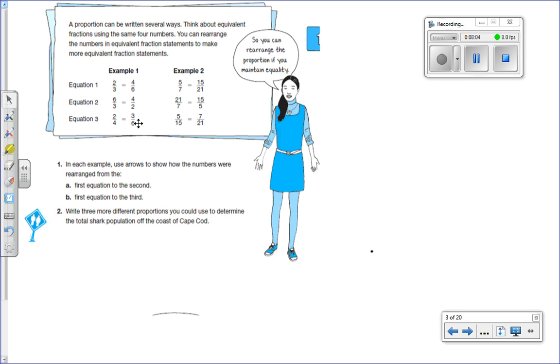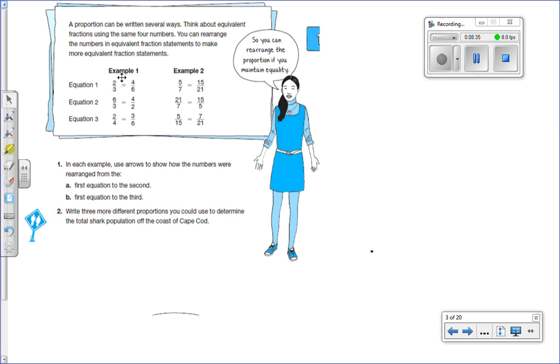So 3 and 6 are together here, which represent our denominators in that first equation, so that works. 4 and 6 are together because they are on top of each other as a numerator-denominator combination in equation 1, and then 2 and 4 are together here, which represent our numerators in that first equation. So each equation 1, 2, and 3, they are all equivalent, and they all represent the same information.